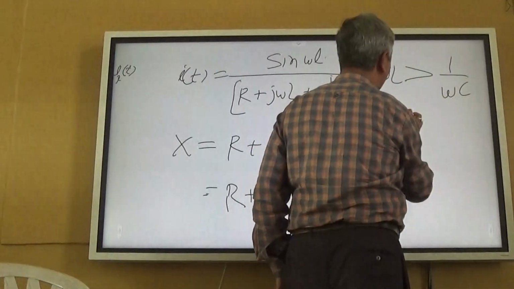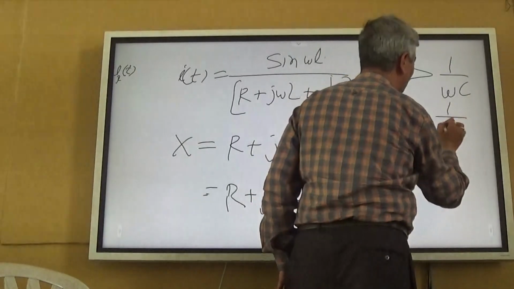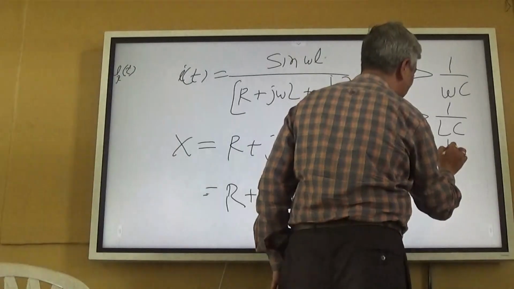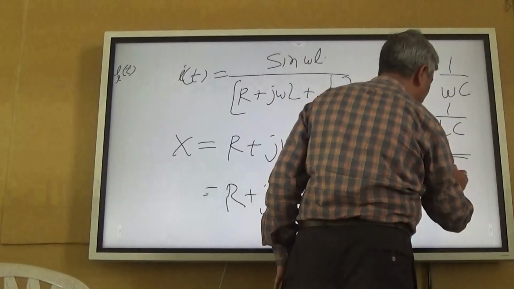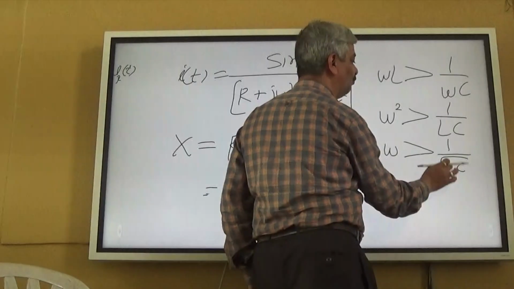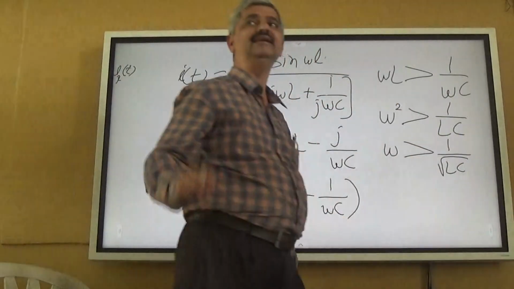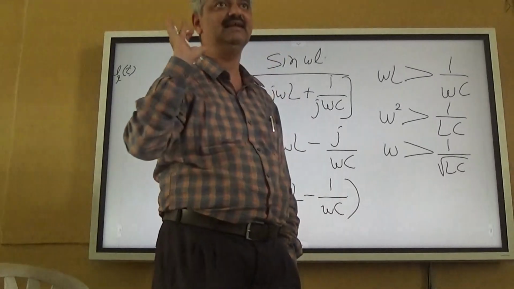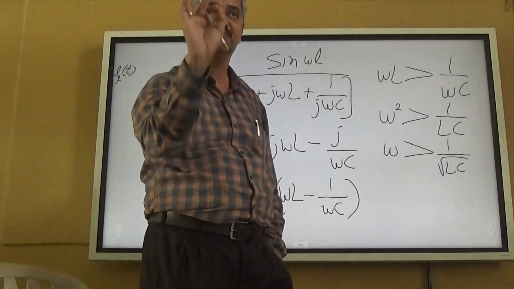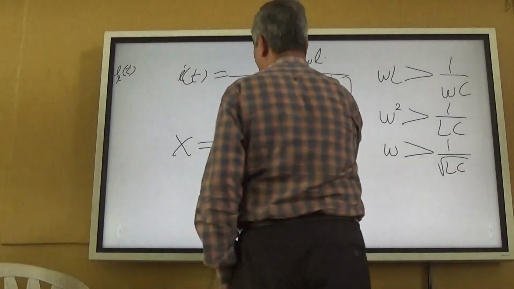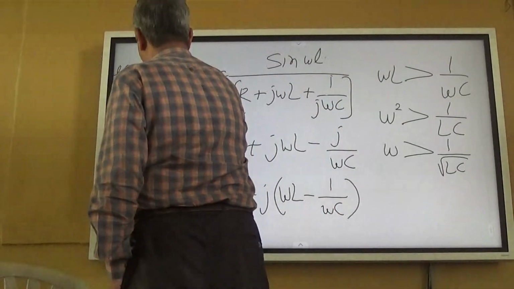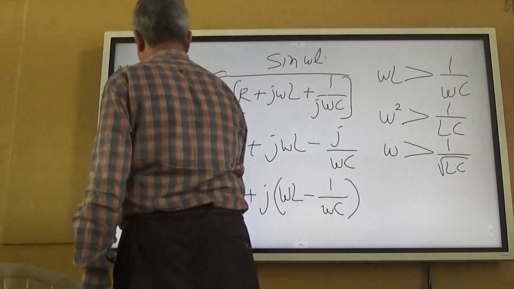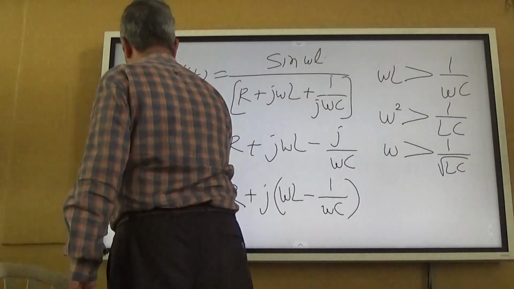So omega square greater than 1 upon LC, or omega greater than 1 upon root LC, which is a very peculiar frequency for an LC circuit, and that is called the resonance frequency. It is called omega r, omega small r. Omega r is equal to 1 upon root LC.